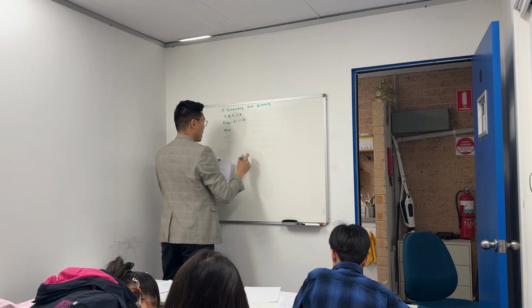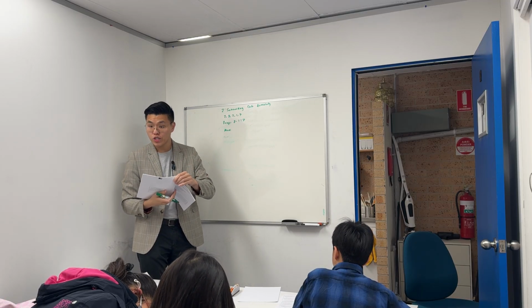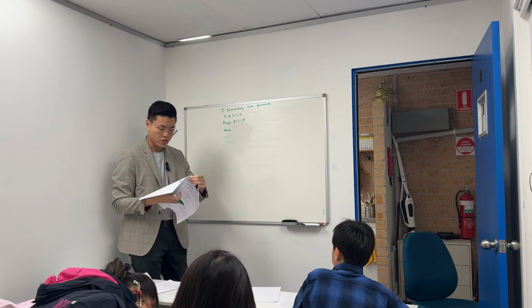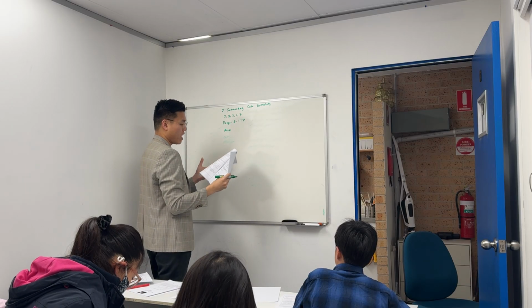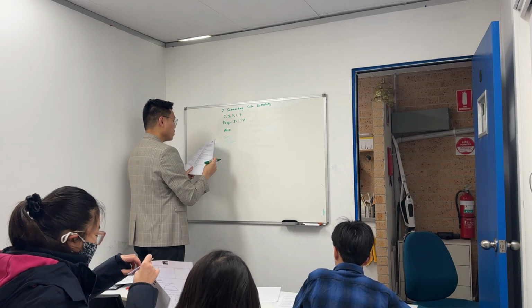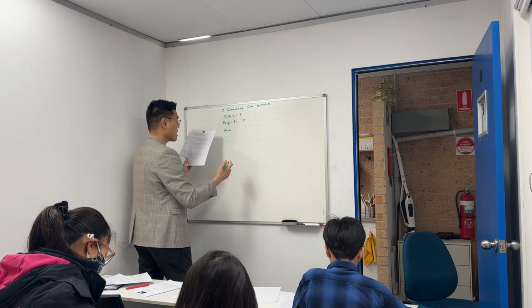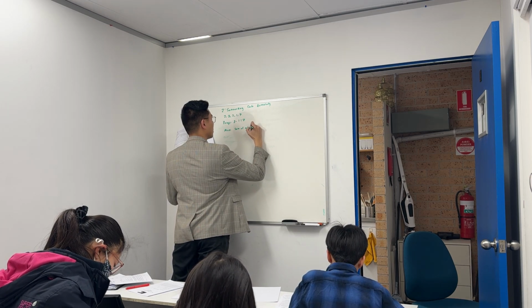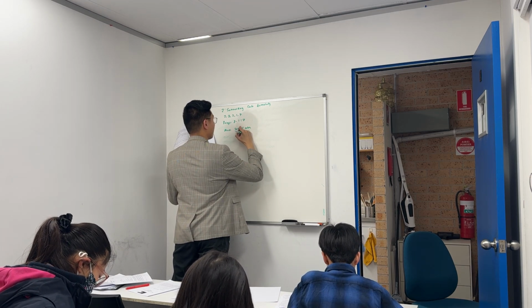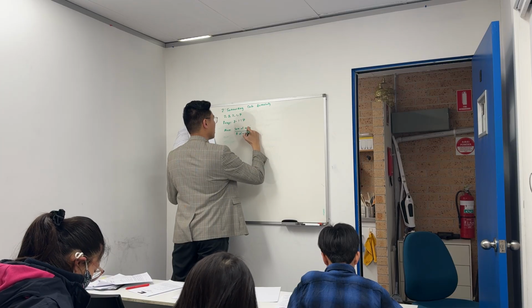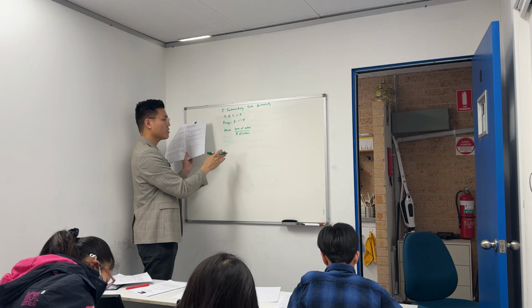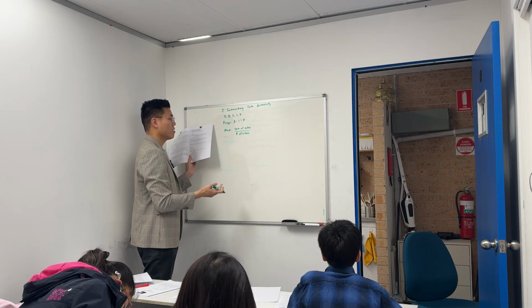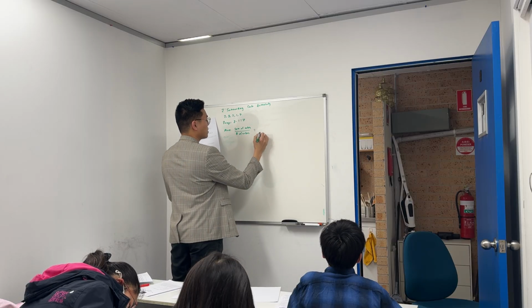Mean is the next one. Have you heard of average before? Mean is just another word for average. The way you calculate the mean is the sum of values over the number of values. Let's start with the bottom.